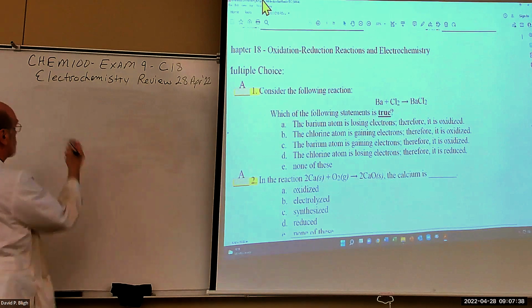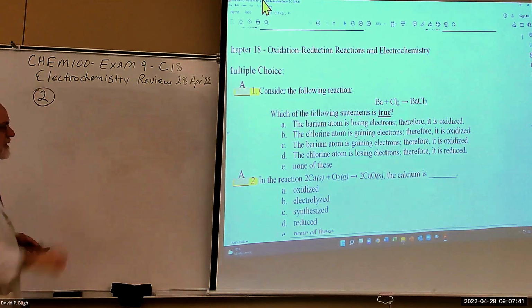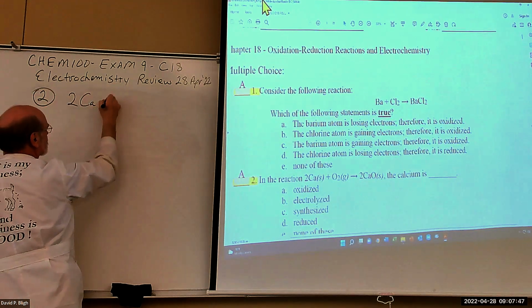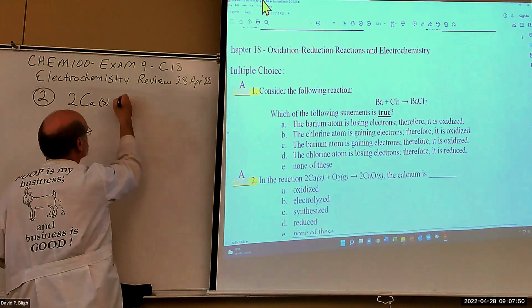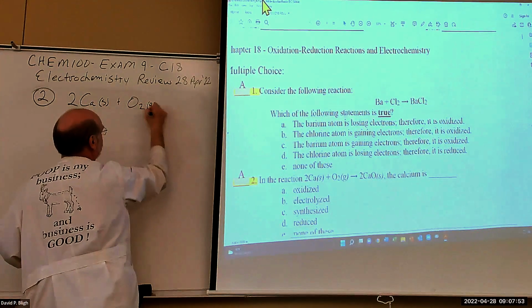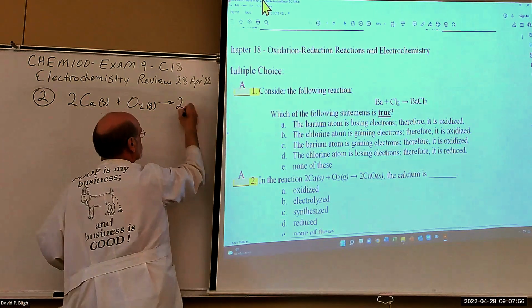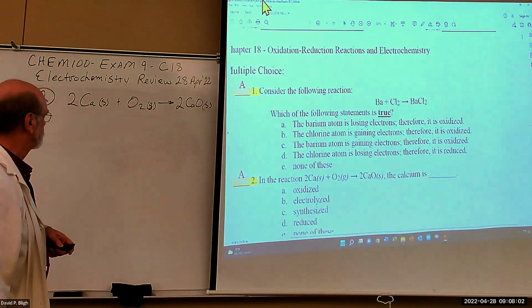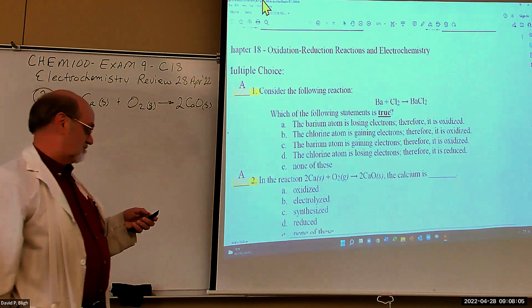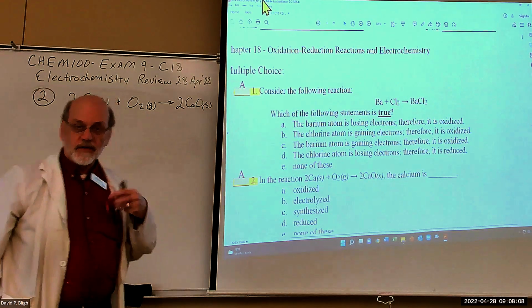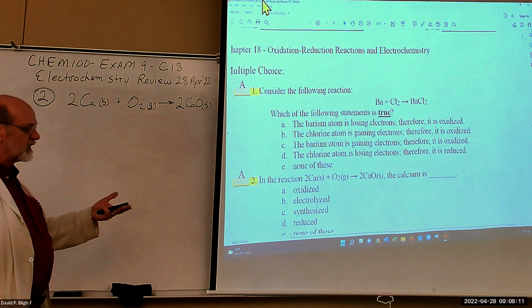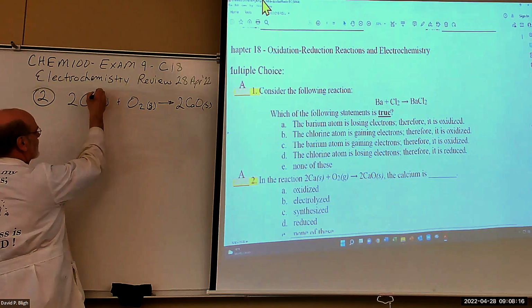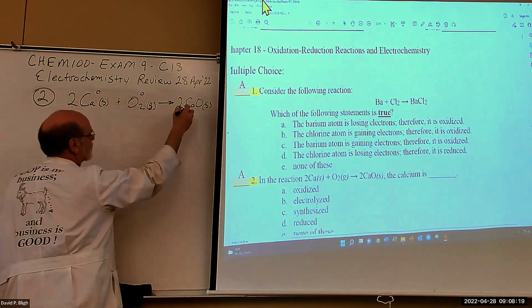Okay. Number 2. In the reaction 2 calcium plus oxygen yields 2 calcium oxide. The calcium is what? We need to know where the electrons are going. But in this case, we only need to know in reference to calcium because that's the question. So what's happening to calcium? Oxidation state 0.